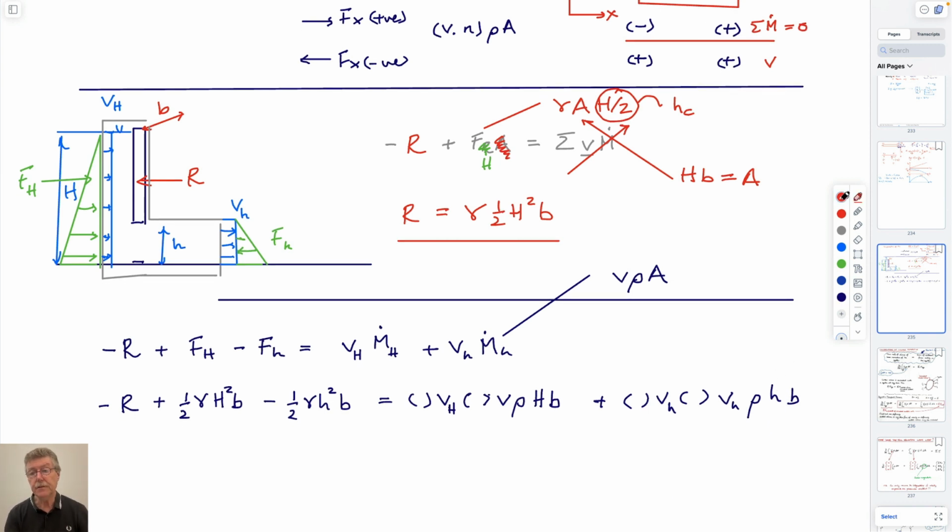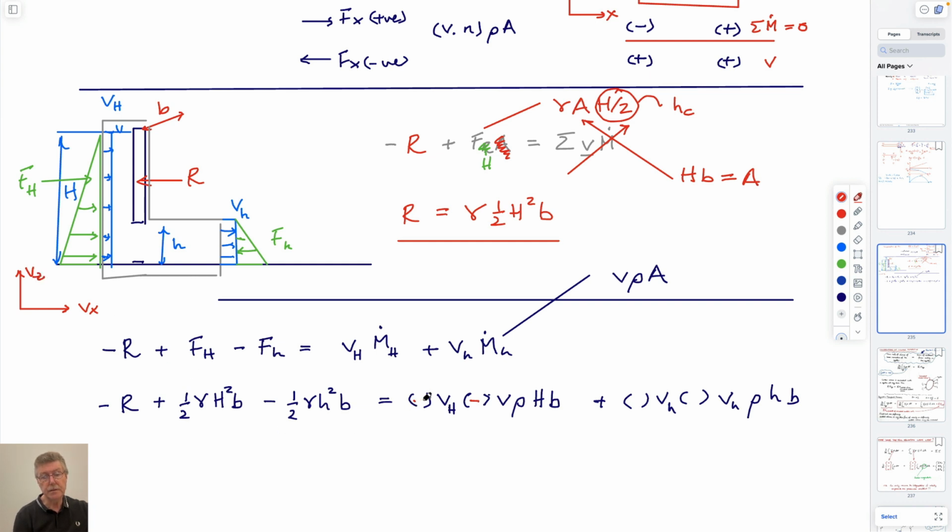So all that we need to do is figure out exactly what these components should be. This is the mass flow rate in or out. It's going into the volume, so this should be negative. This is the Cartesian velocity, which we didn't draw in there. But this is velocity x, positive. This is velocity z, positive.